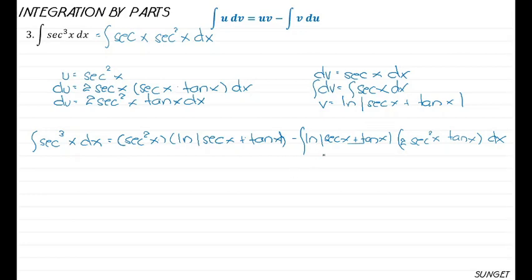So as we can see, the integral of v du in this example is more complicated than the integral of u dv, which is the given integral. So in this case, we will not use this substitution.